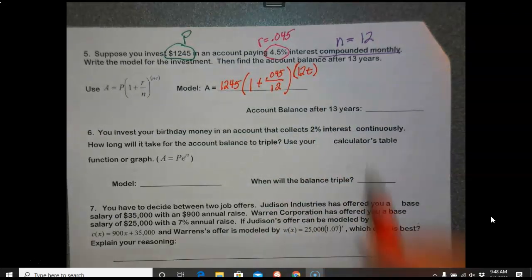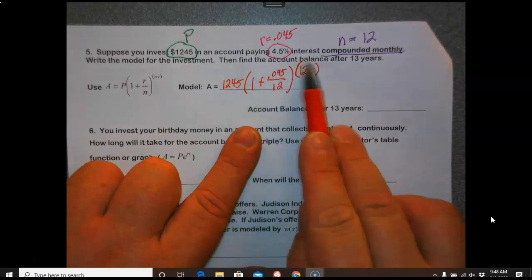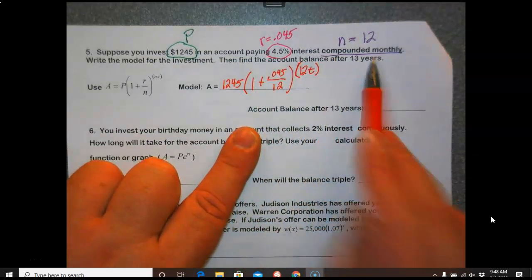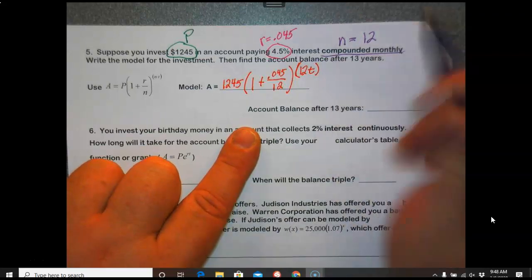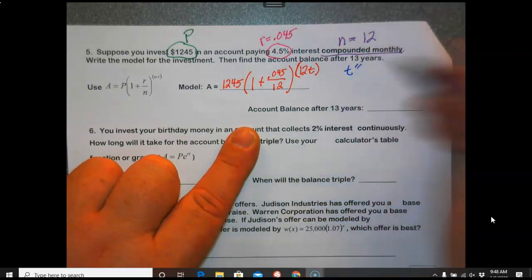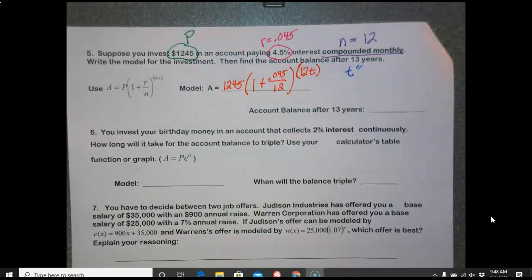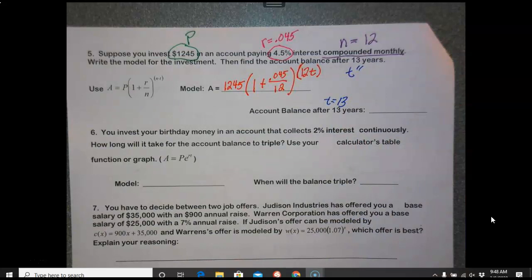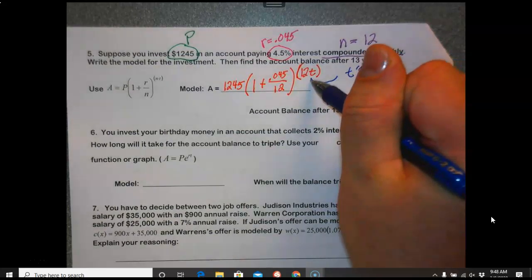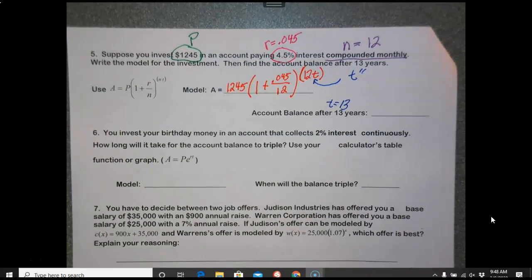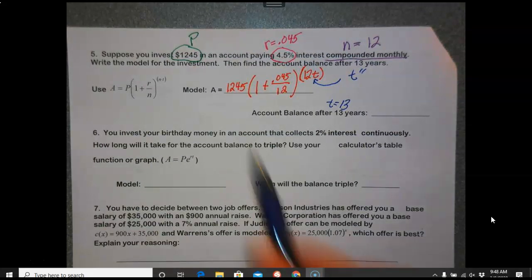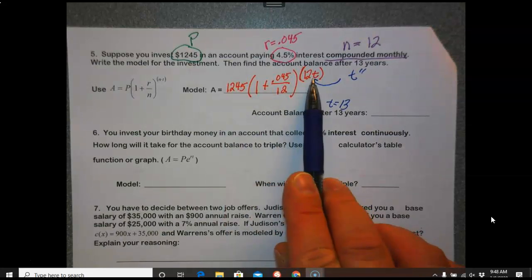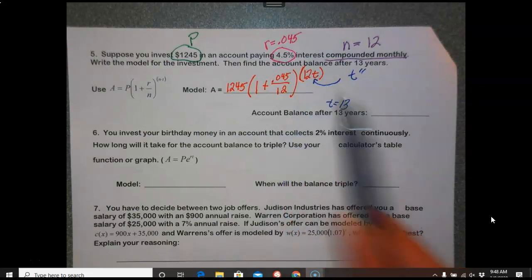All right, then it says, find the account balance after 13 years. Well, they actually give us our t. So when they give us the t, I'm going to substitute it in, 13. I no longer have a variable there, not a model anymore. Since I don't have a variable there, I have 12 times 13, I'm just going to compute this.